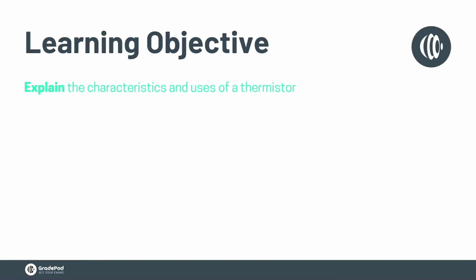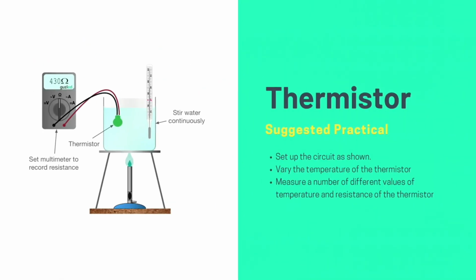We're now going to look at a different component, and this component is a thermistor. Our learning objective says we have to be able to explain the characteristics and uses of our thermistor. Let's get on that straight away.